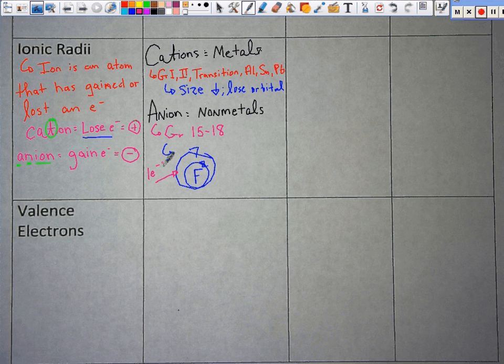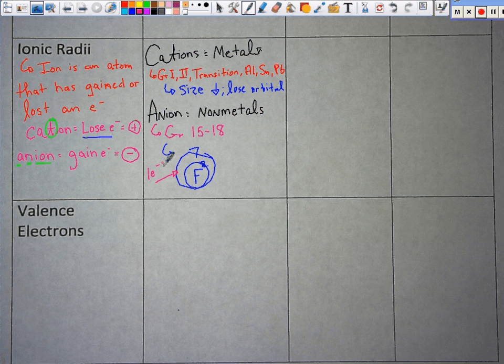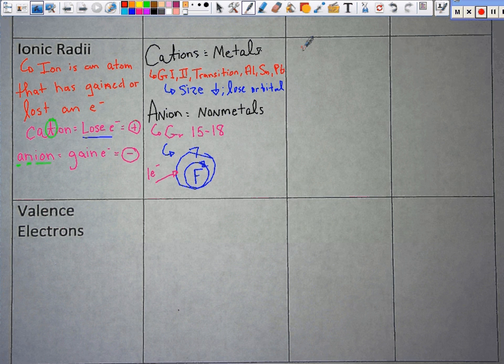All right, so let's talk about trends. Technically, what I want you to know is the cation and the anion. The way I want to say it is it gets smaller as you go left to right. There's not really any other way to say it except, number one, the cations are going to lose an orbital.